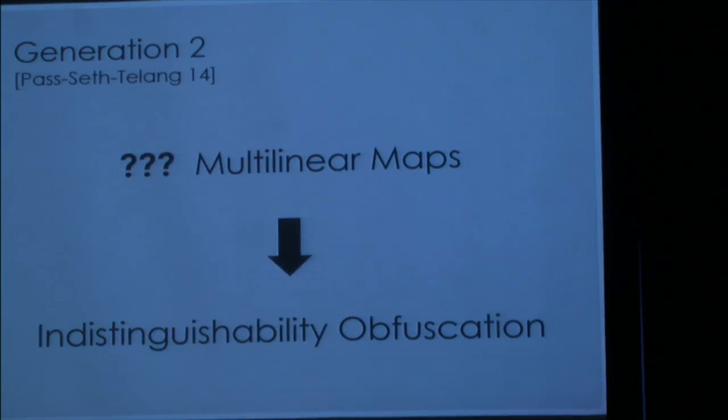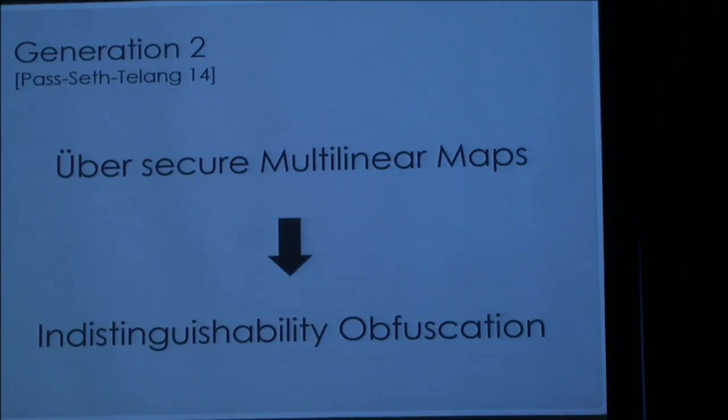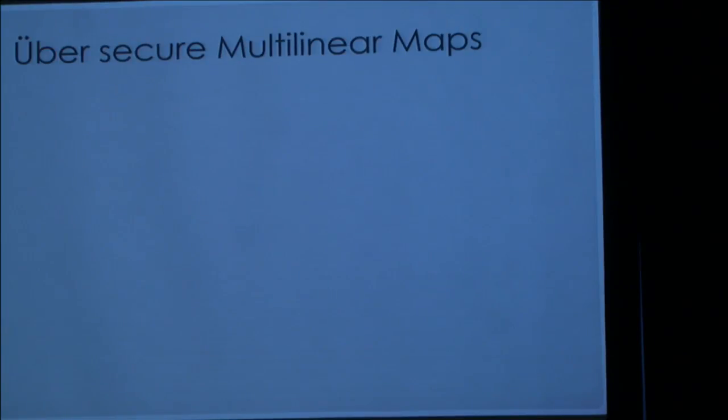It turns out that coming up with any plausible notion of security that gives us iO, even a very strong notion, is already a non-trivial task. So Paneth et al. suggested such a notion, and today we'll call this Über secure multilinear maps. Let me tell you about that. Unlike in generic security, in Über security, the encodings are not black boxes. They have actual digital representation.